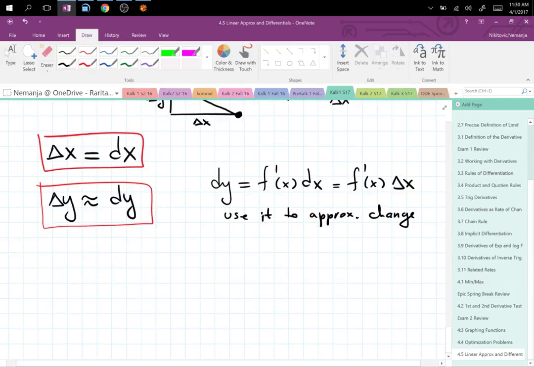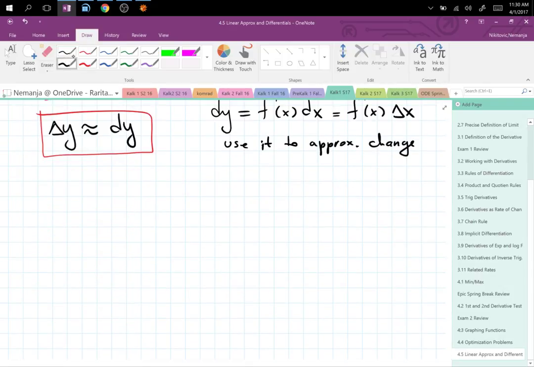So let me give you an example. Let's say you want to compute a square root of, I don't know, how about 85? Yes, you can go and do linearization, but let's use this new method.